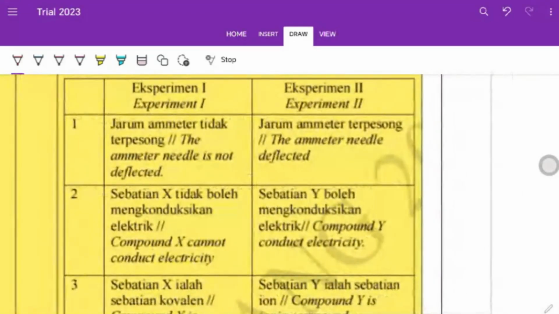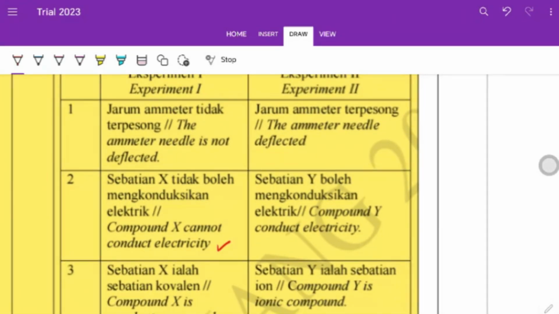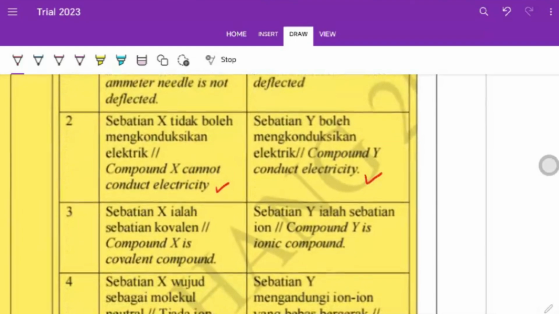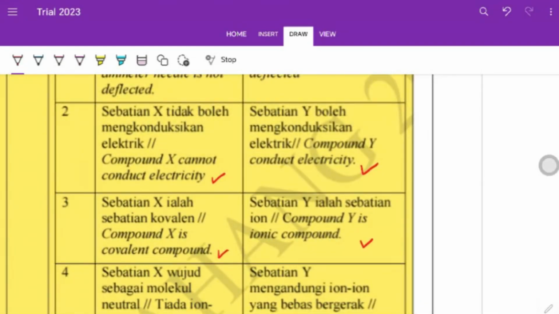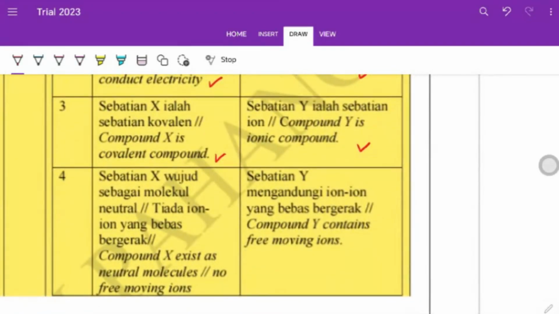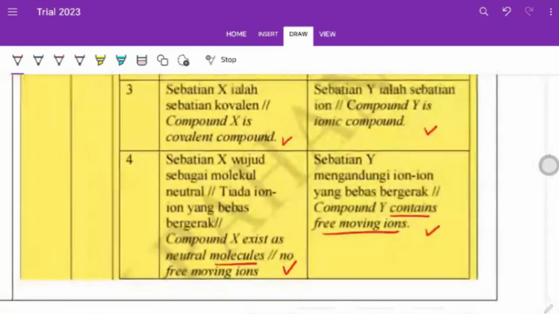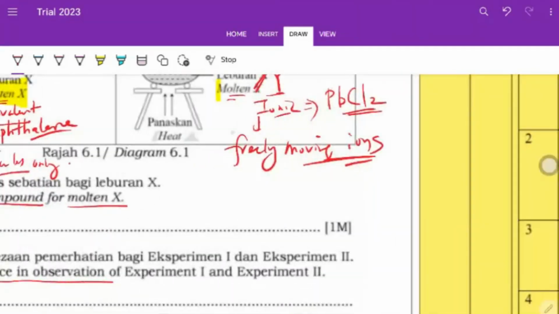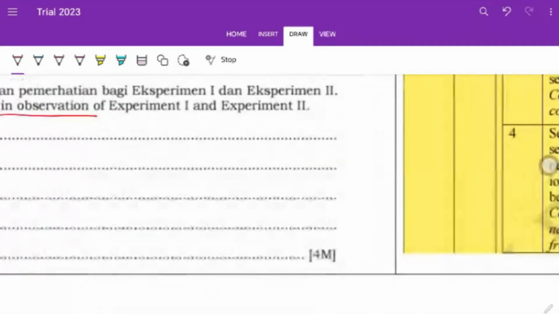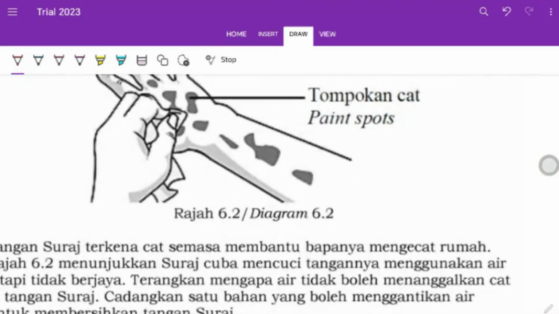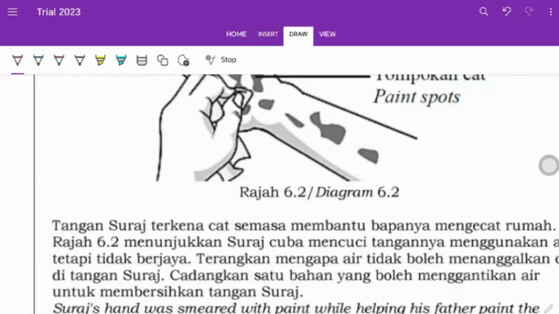The meter does not deflect, so X cannot conduct electricity, while Y can conduct electricity. X is covalent, Y is ionic. No need to build a table actually. You can write in sentences and do the comparison.